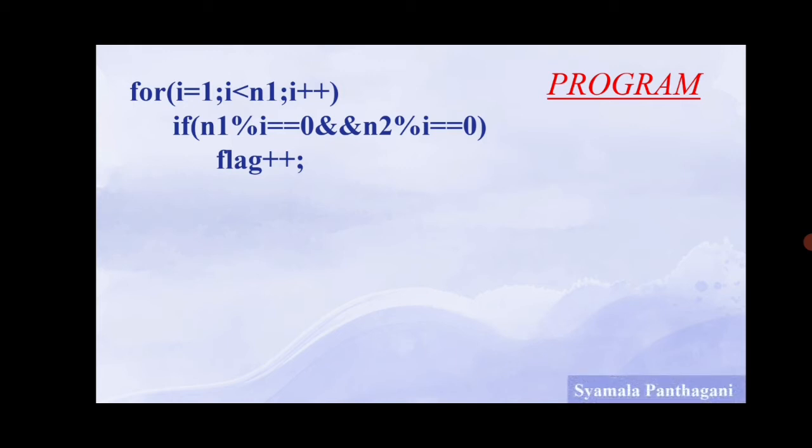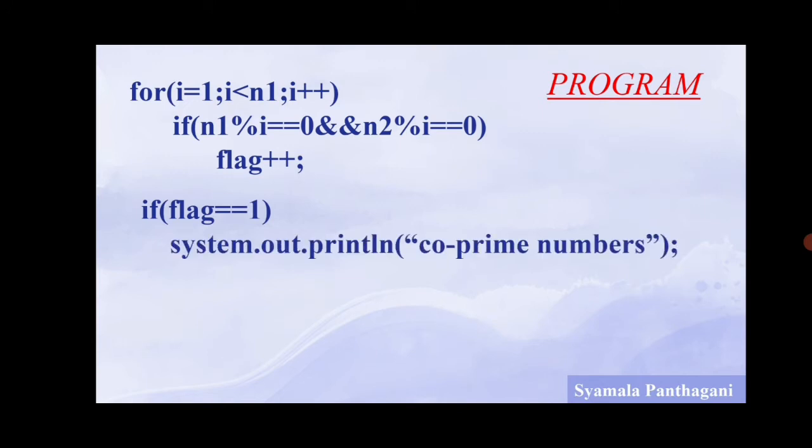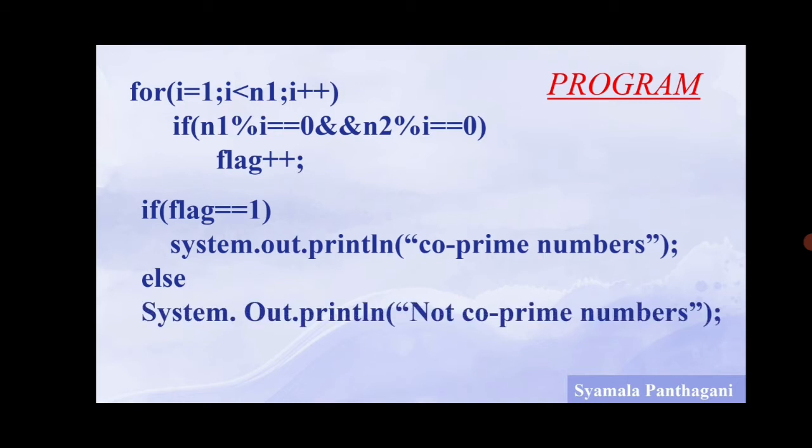If flag is equal to 1, we are going to print co-prime numbers. If this condition is false, we are going to print not co-prime numbers. Two closing brackets, one is meant for main and another one is meant for class. This is all for the program.